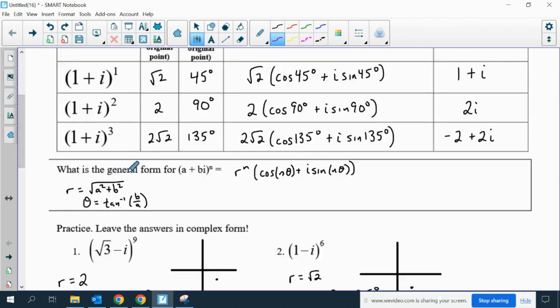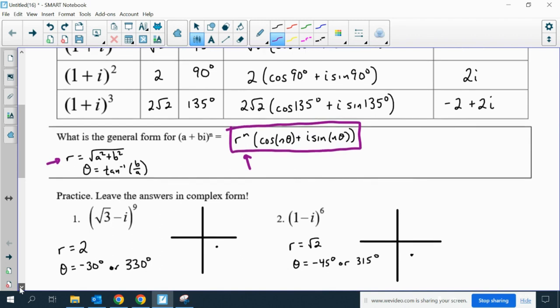If we take a look at the general form, if the radius is √(a² + b²) and theta is the arctan, I can get r^n times (cos nθ + i sin nθ). So notice that I multiply r by itself as many times as I need to, and then I just multiply theta by the power, because I add the angles that many times.